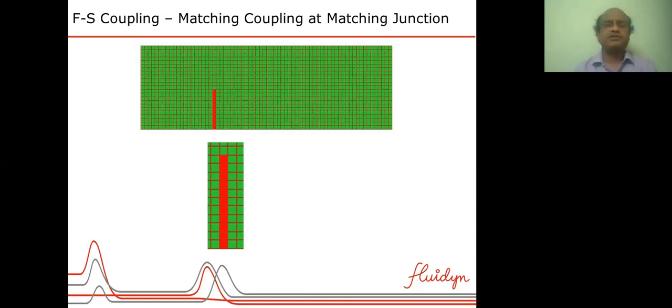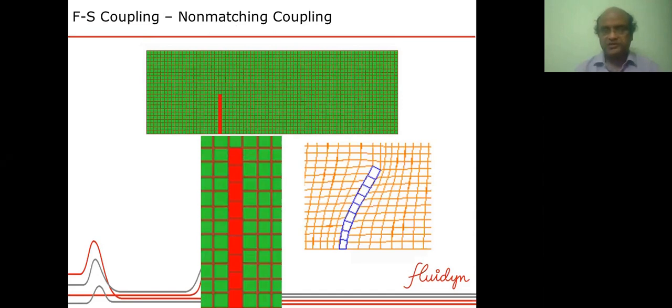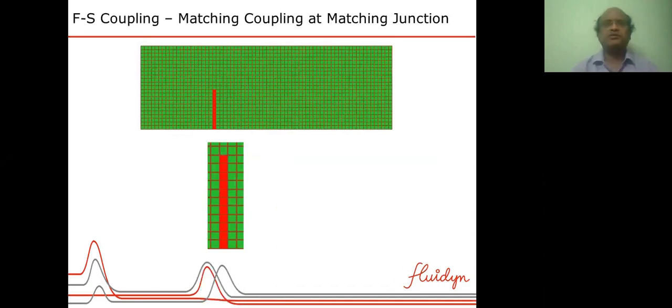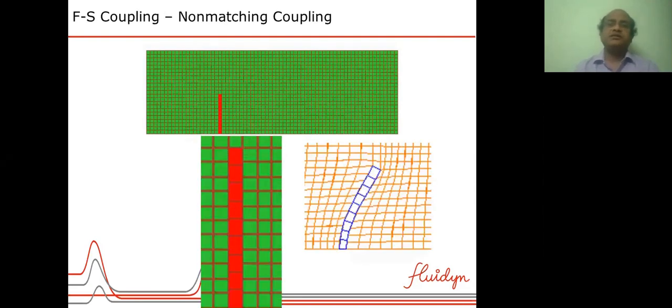This picture shows a discretization where the fluid mesh exactly matches the structural mesh, so the properties can be easily transferred from one to the other. But due to the complexity of problems, this is not sufficient. It may not always be possible to create such a mesh. So the solver and the coupling algorithms should be able to handle a non-matching mesh.